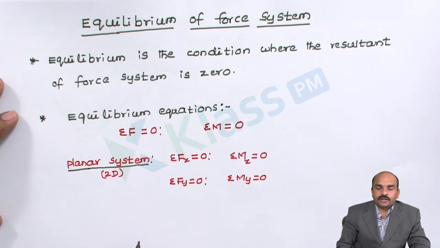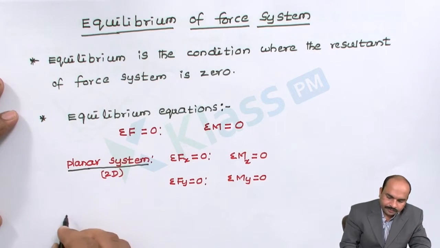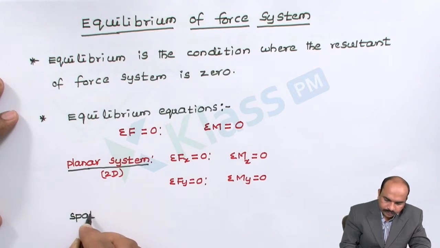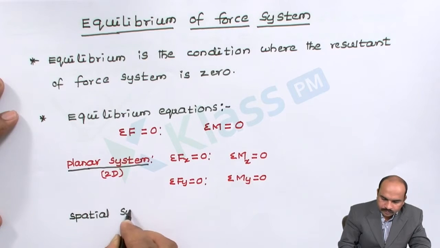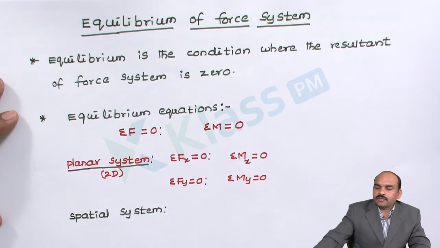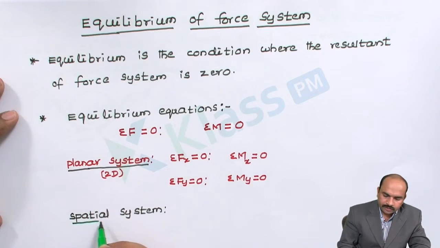Now let us write equilibrium equations for the spatial system. Spatial system means it is a three-dimensional system.